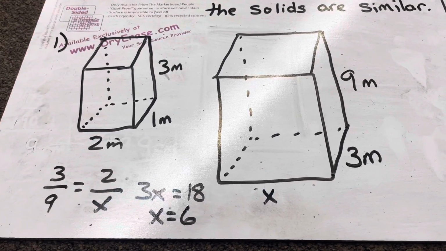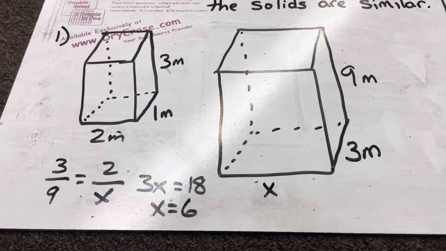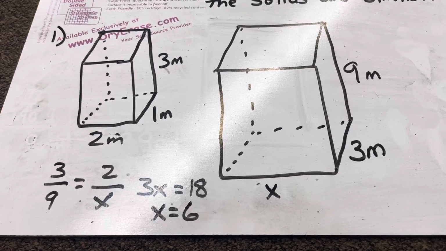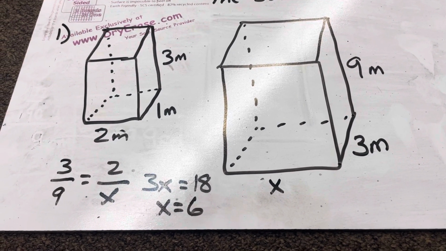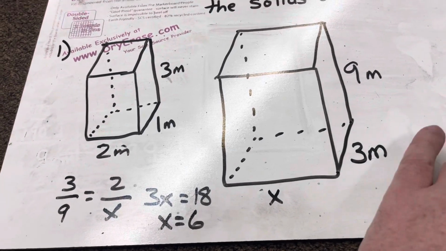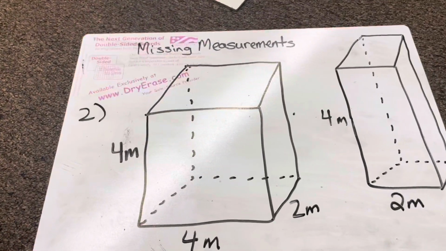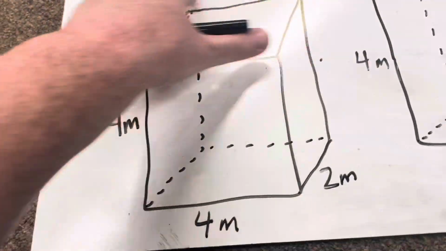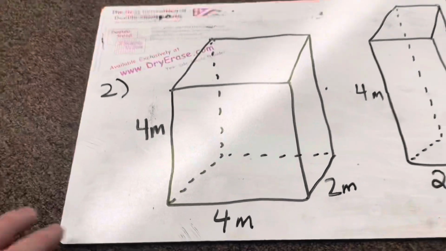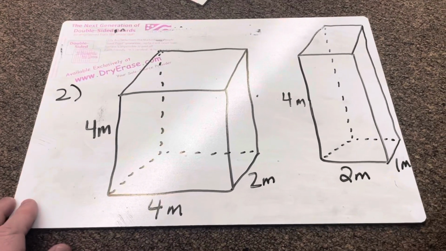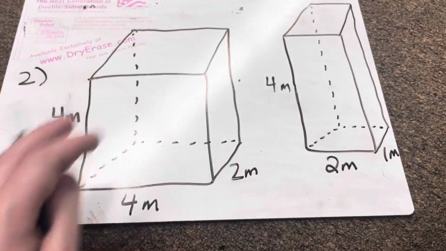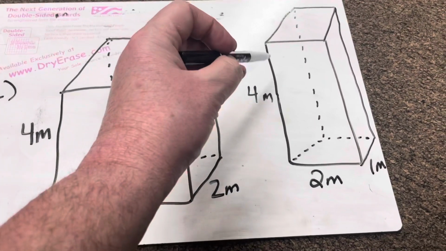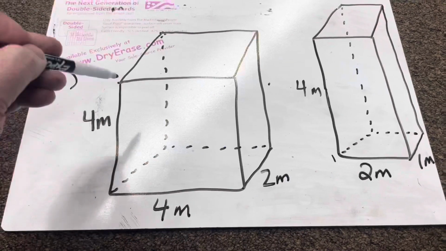So you're going to get one section where you're just determining whether or not the solids are similar, and then the other one, what the missing measurements are. So here we have another one that we want to check, not missing measurements per se, but whether or not they are similar. And so I see that I have a height here of 4 and a height here of 4.